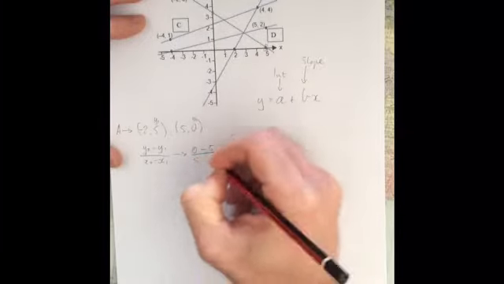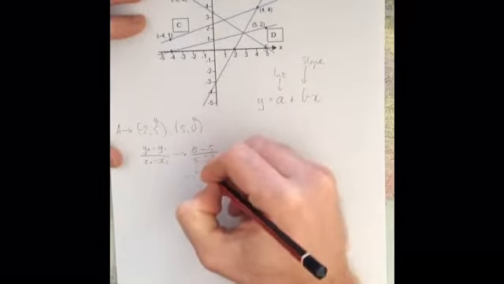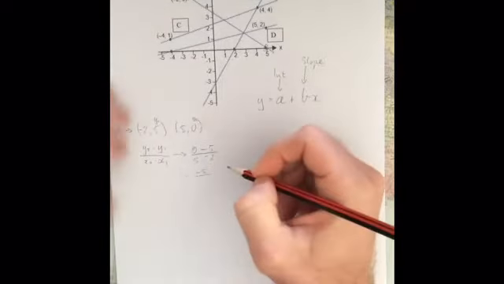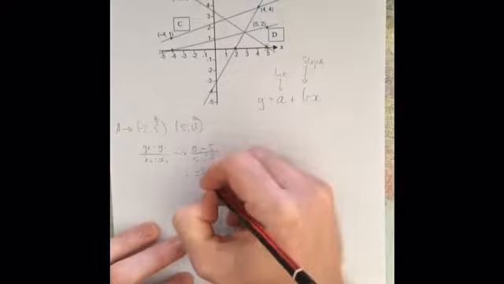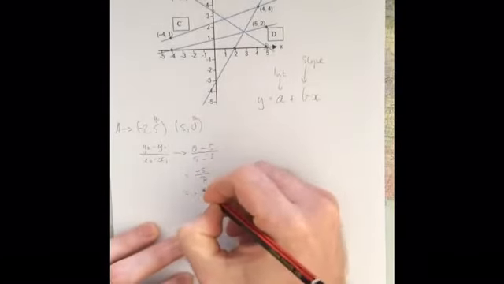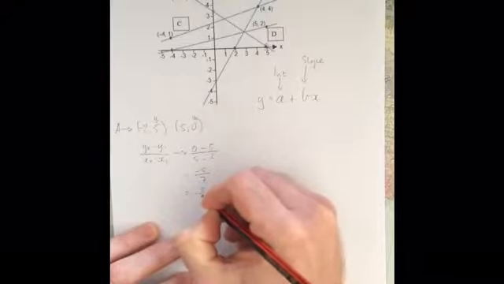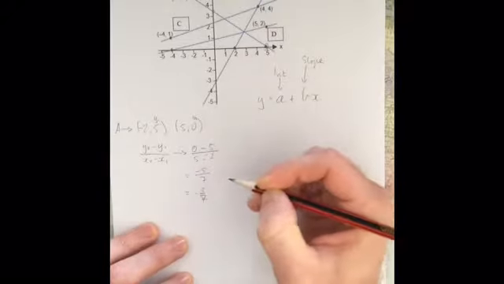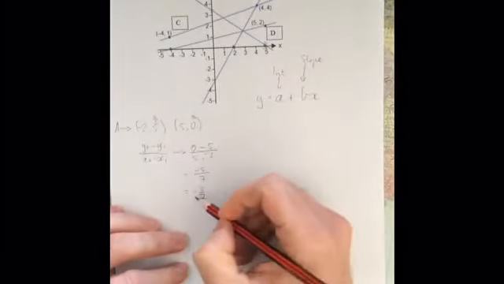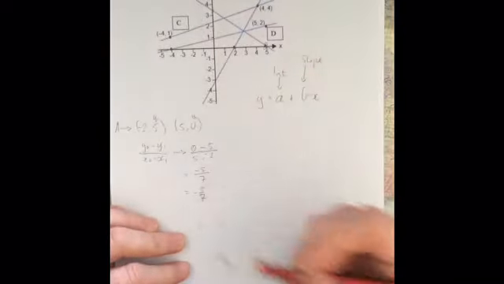Right. So 0 take 5 is -5. A negative and a negative are a positive, so that's going to be over 7. Okay, so the gradient is -5 over 7. Okay, so close to 1. We know we're looking pretty good because it's a negative slope there. We've got a negative gradient.